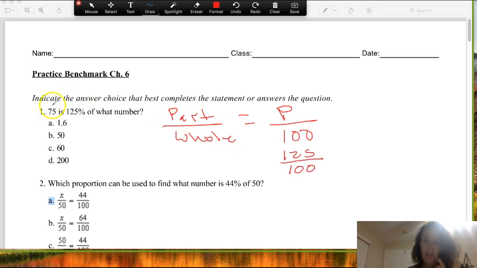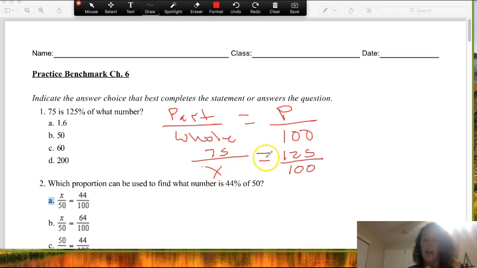So 75 here is going to be our part, and we want to know what is the whole here. So it's not really a part because it's actually bigger than the whole in this scenario, but 75 is the 125%. And then we have to figure out what this denominator is.